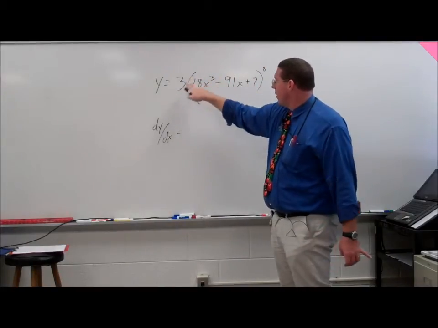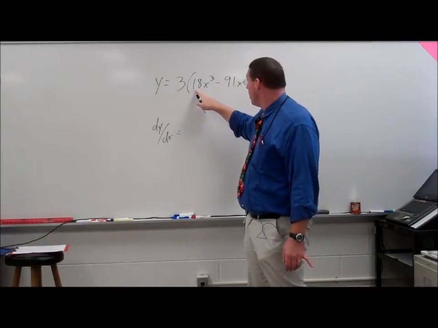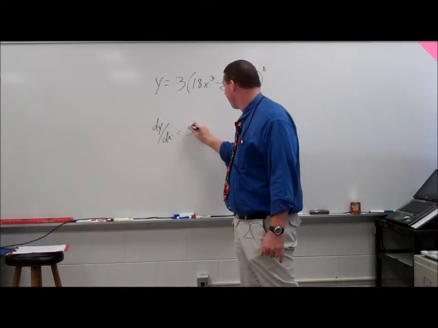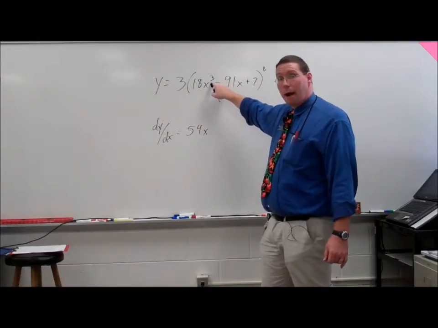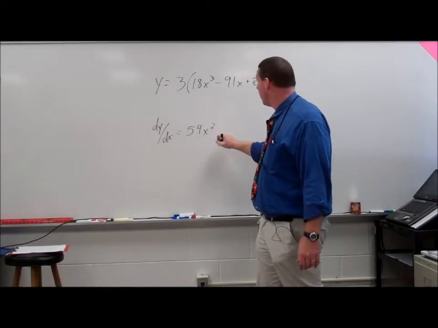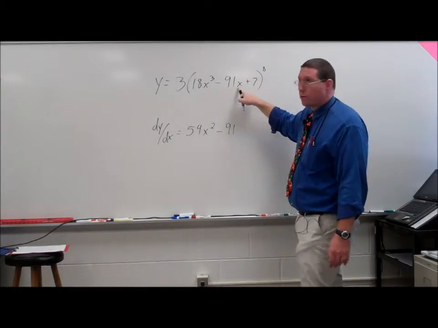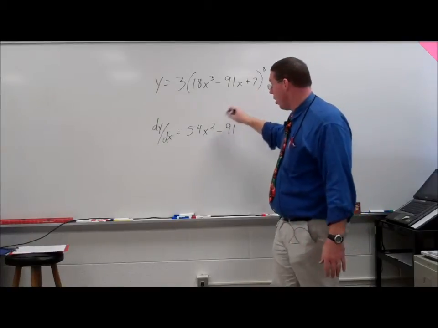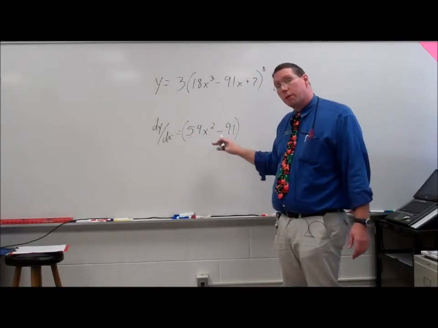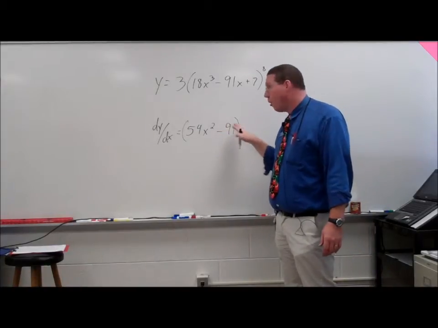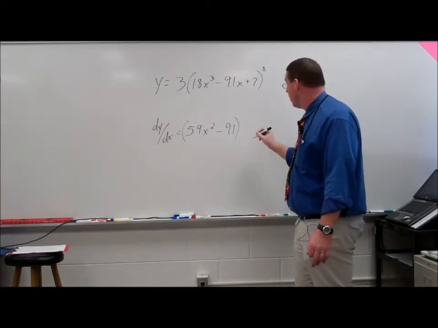Ignore all this stuff out here, just inside the parentheses, the derivative: 3 times 18 is 54, x to the 2nd power, reduce the power by 1, okay, minus 91, x goes away, derivative of the 7 is 0, so it's just gone. And that's got to be inside of parentheses because it's a binomial and I'm about to multiply.